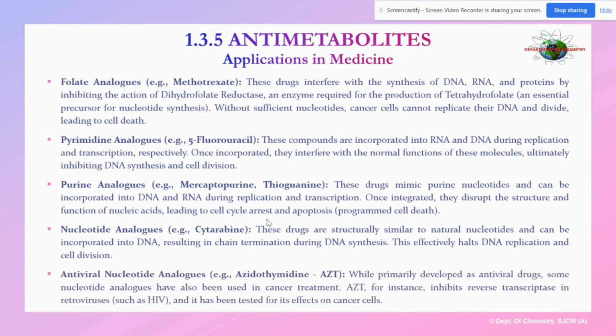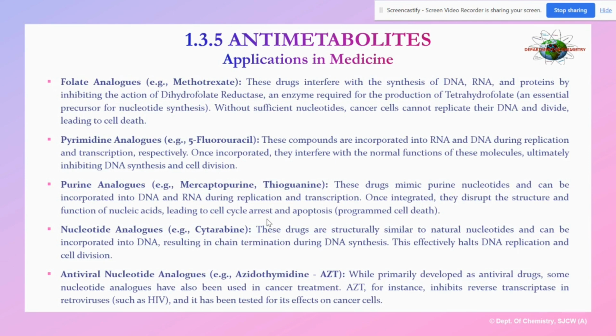Then antiviral nucleotide analogs. Example, zidovudine, AZT. While primarily developed as antiviral drugs, some nucleotide analogs have also been used in cancer treatment. AZT, for instance, inhibits reverse transcriptase in retroviruses such as HIV, and it has been tested for its effects on cancerous cells as well.